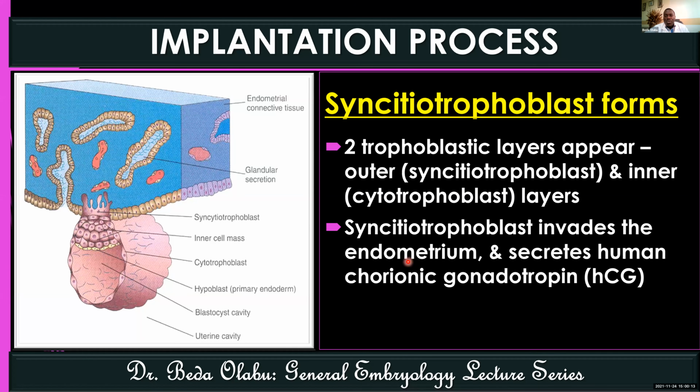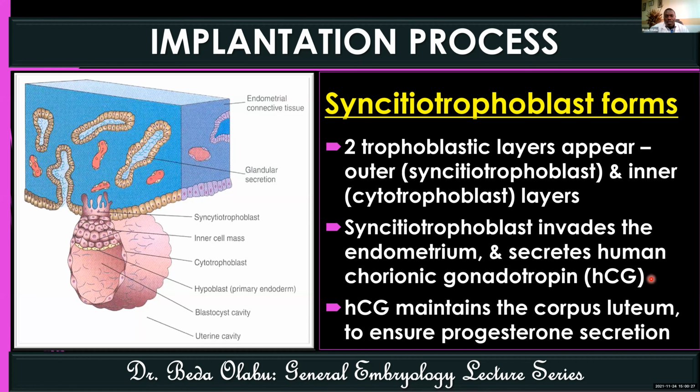Other than burrowing through the endometrium, the syncytial trophoblast also participates in secretion of a hormone called the human chorionic gonadotropin. You can call it HCG. What is the role of HCG? I know it's tempting for you to say that HCG is used to diagnose pregnancy.